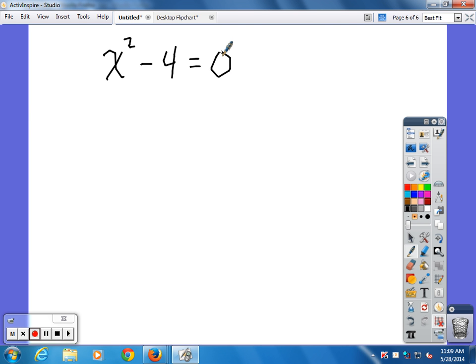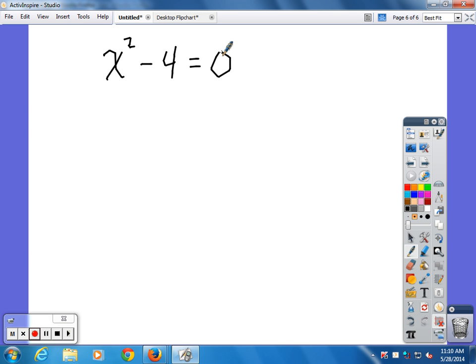Now you know back from your pre-algebra and algebra 1 days that you have one objective of algebra, and that is to get the variable by itself. So how do you get the variable by itself? The negative 4 is a pain, so you need to move it, get it to the other side, or add a positive 4 on both sides. Whatever you were taught, do it.